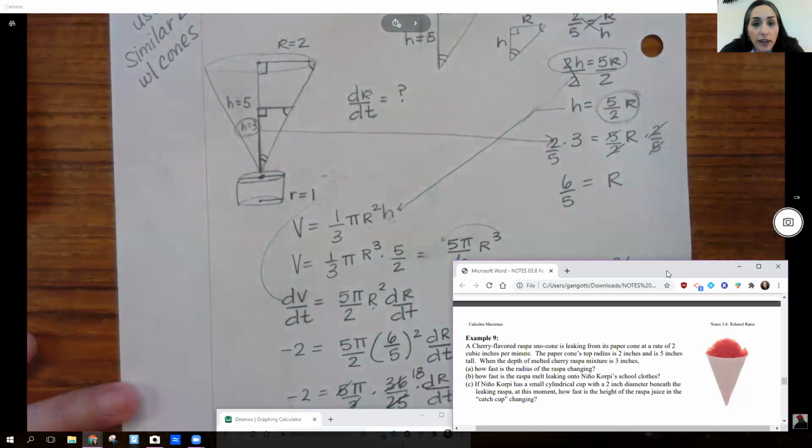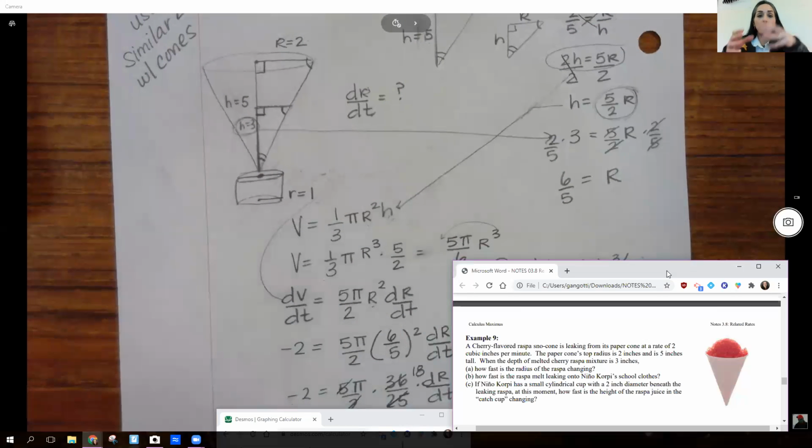Now it's a cylinder, right? So think about this. When you're filling up a cylinder with liquid, as you fill the cylinder up with more and more liquid, okay, what's happening to the radius? As you fill a cylinder up with liquid, the liquid is rising, okay?